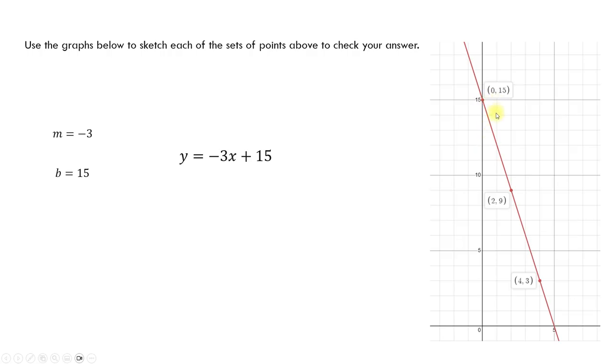So over 1, down 3, over 1, down 3, over 1, down 3, over 1, down 3. So our graph confirms that with an equation like this, our y-intercept will be 15 and our slope is -3.